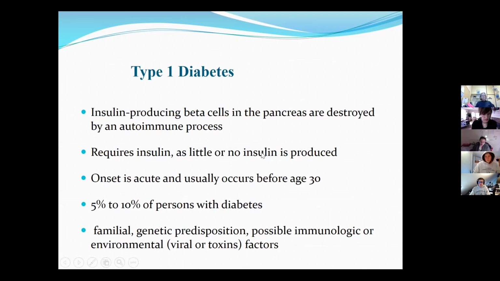So previously we called this juvenile onset. We don't call it juvenile onset anymore. And the reason for that is that young people can develop type 2 diabetes as well. So it's a bit confusing to call this one juvenile onset when type 2 can occur during childhood as well.